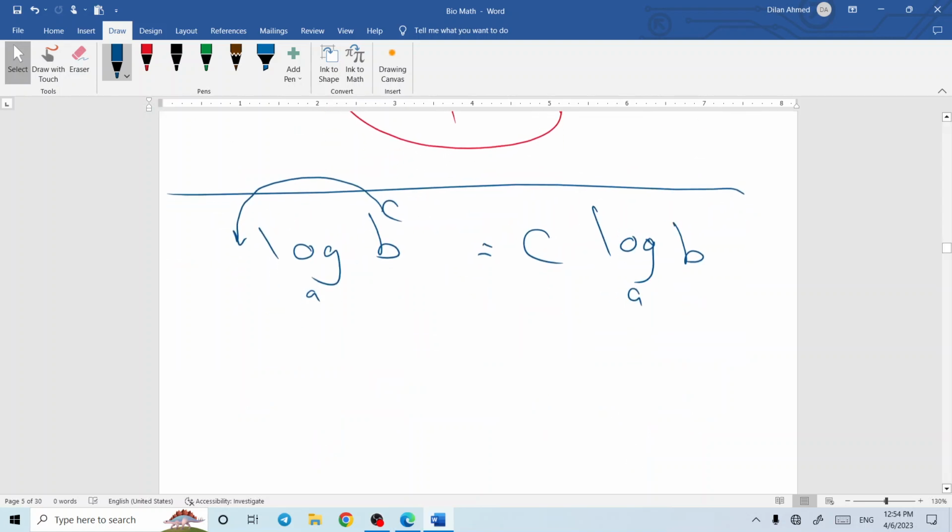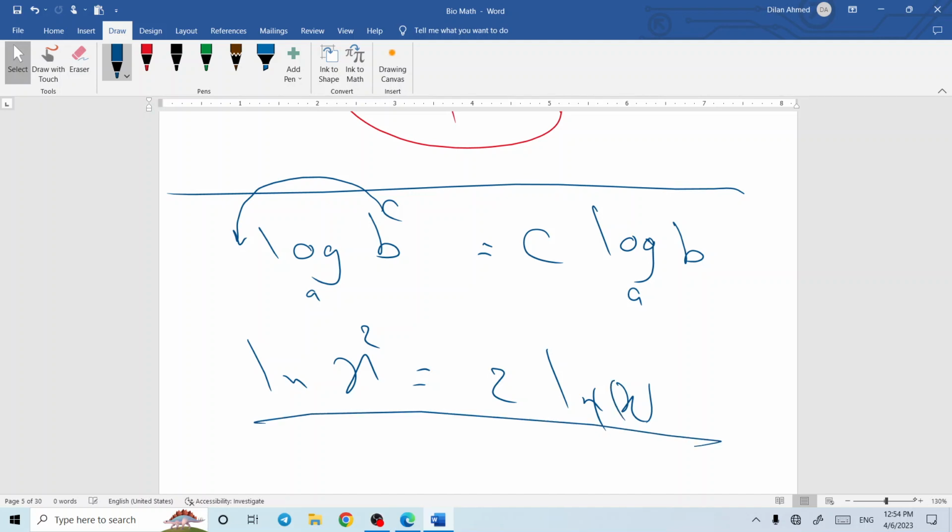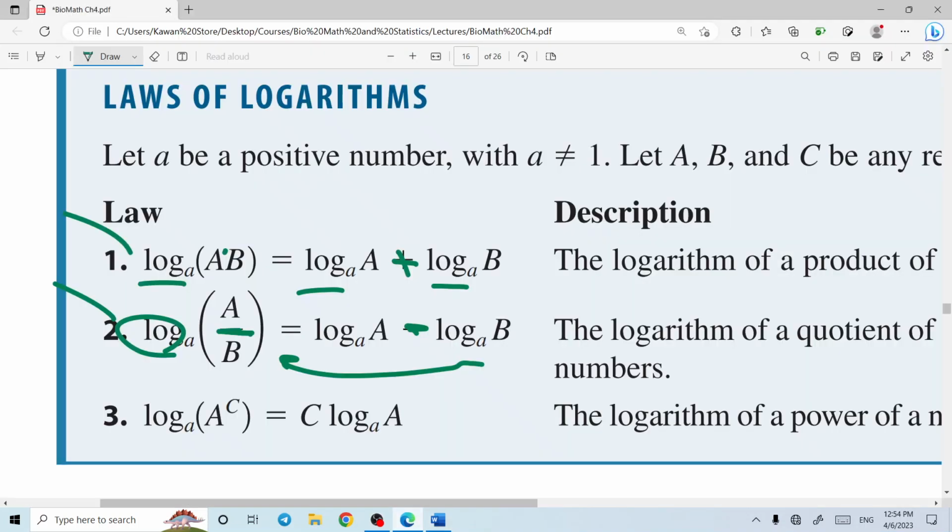The same thing is true for ln. Ln of x to the power 2 is equal to what? 2 ln x. Yes. Clear? Understood here? 2 ln of x. Let me practice that one.